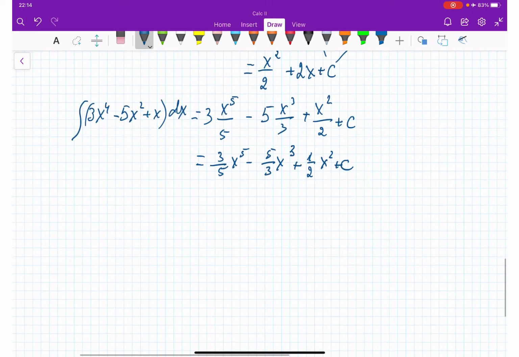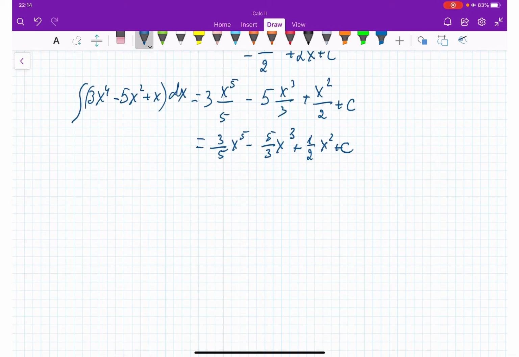Okay, let's solve next. So we have the integral of sine x over cosine x squared, entire cosine x squared, not just x squared, dx, and that is equal.